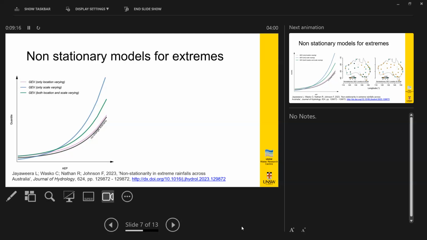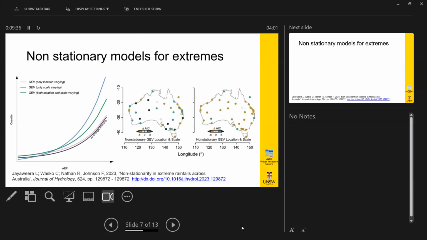But based on our physical understanding, what climate scientists are telling us, we would expect that the most extreme rainfalls will become more extreme than the less extreme rainfalls. And so we might expect something more like this blue line or green line, where we're getting intensification of the rarest events.